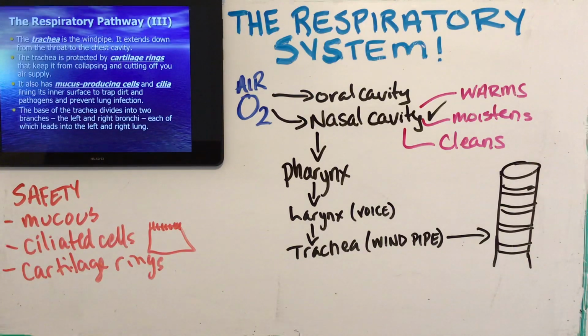And what happens with these mucus-producing cells and cilia is, and we've all done it, right? If we breathe in dirt or dust or debris or bacteria, we get that itch at the back of our throat when we're sick sometimes, if you have a throat infection. And we cough and we get that lovely mouthful of phlegm, right?